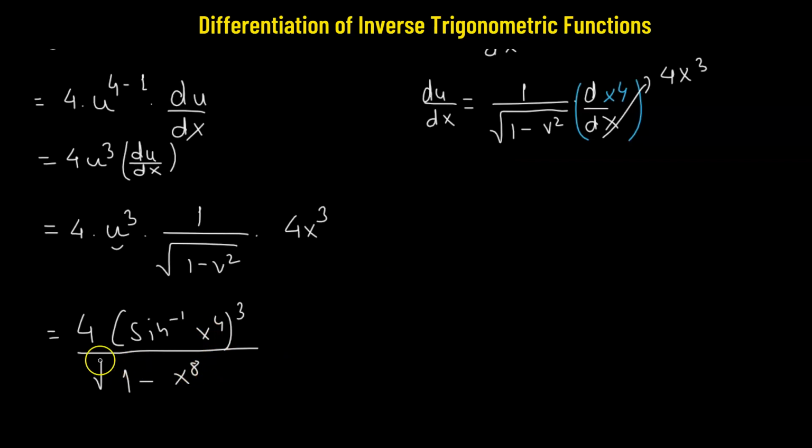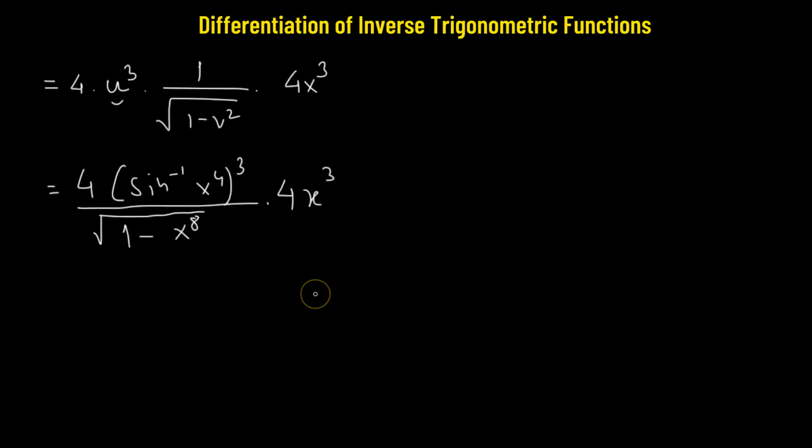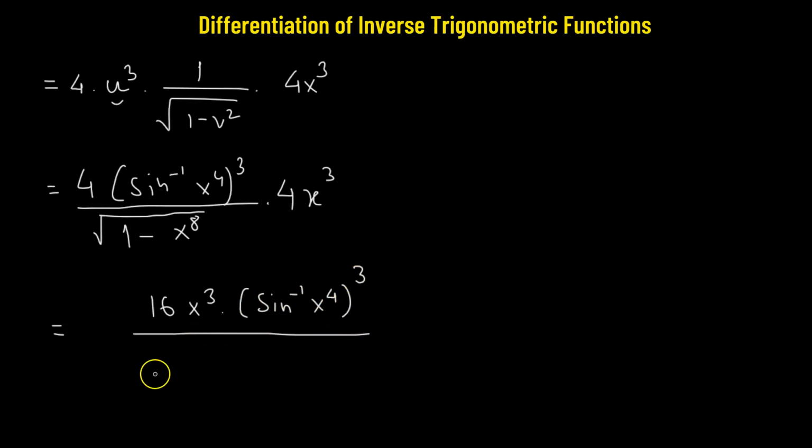So that will be x⁸, times 4x³. So let's combine all of them, and this should give us 16x³ times (sin⁻¹(x⁴)) whole raised to the power of 3, divided by the square root of 1 minus x⁸. So this is the final answer.